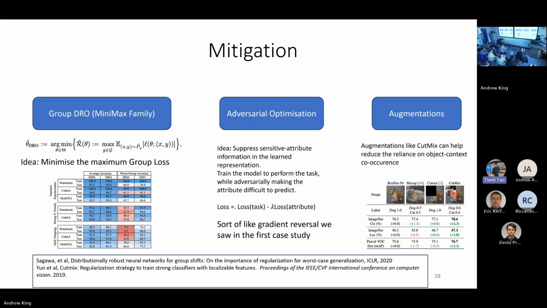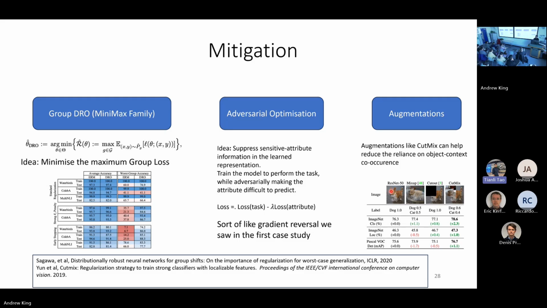And then there are augmentations. Here the example is dog images. A common augmentation approach is to crop different objects and paste them on this particular image to break the object context co-occurrence.